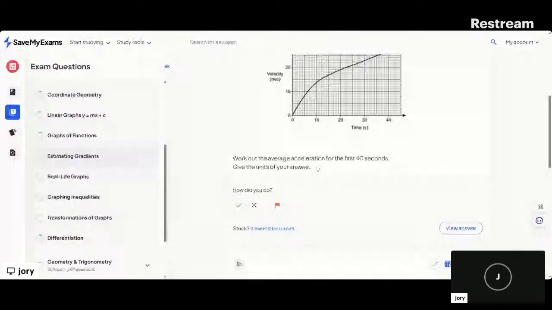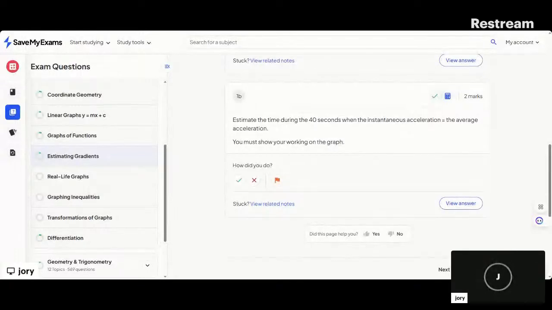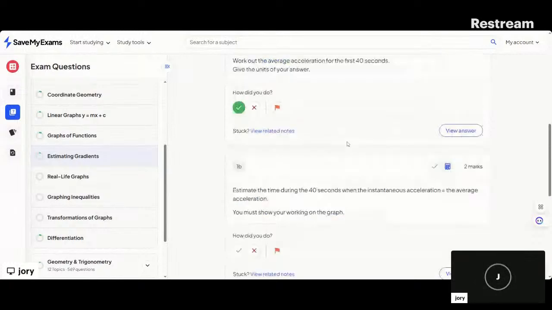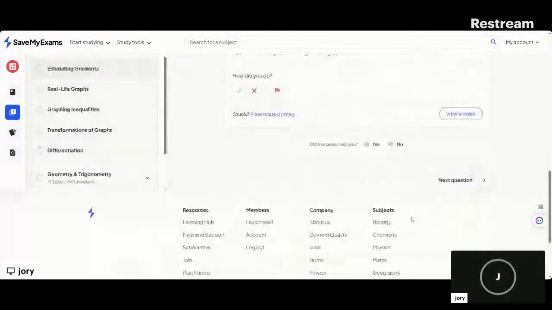Estimate the time during the 40 seconds when the instantaneous acceleration equals the average acceleration. You must show your working on the graph. I'd put my ruler on it and then I'd move it until it was, I'd say like 10 seconds, probably.